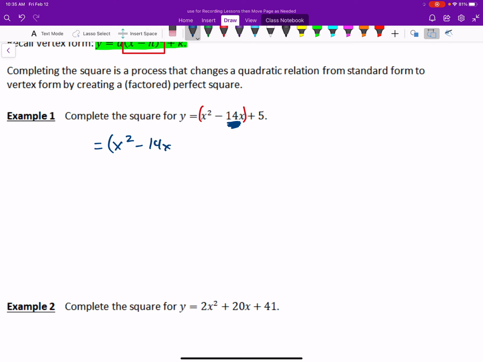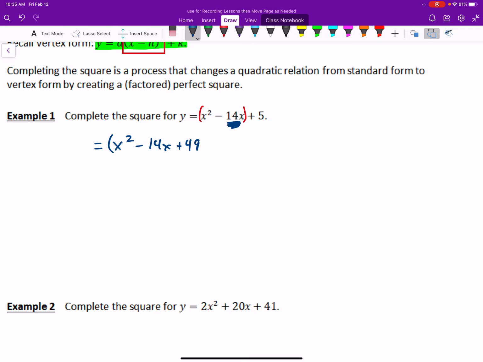So I'm just copying that down again. But I'm going to take half of 14 and square it. So 7 is half of 14. And when I square that, I get 49. So I'm going to add 49 inside the brackets. But as you know, I can't just add numbers willy-nilly inside an equation because then it changes the value of the equation.